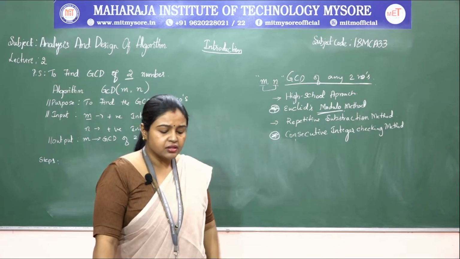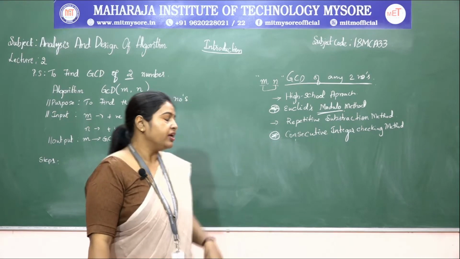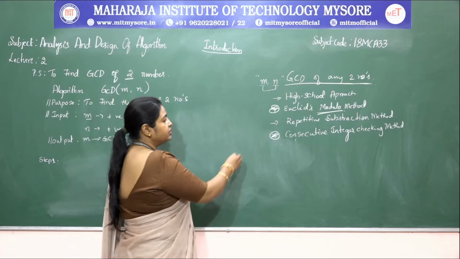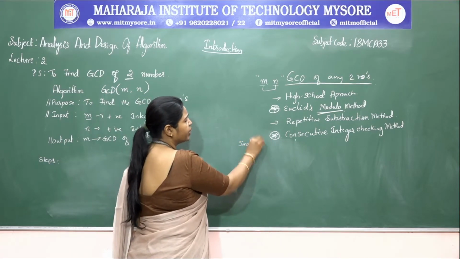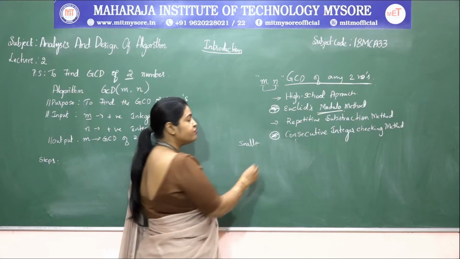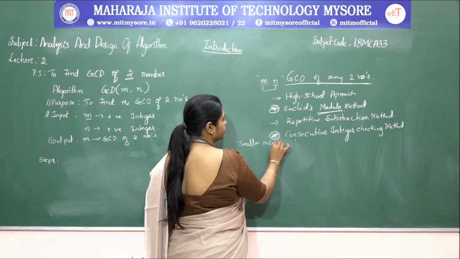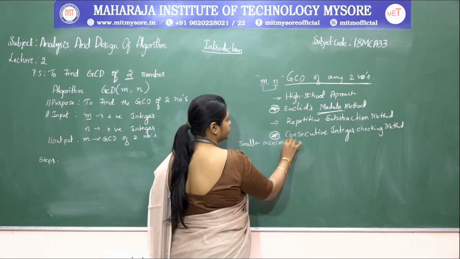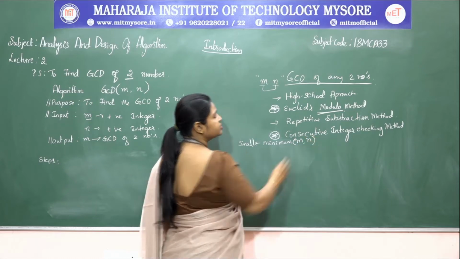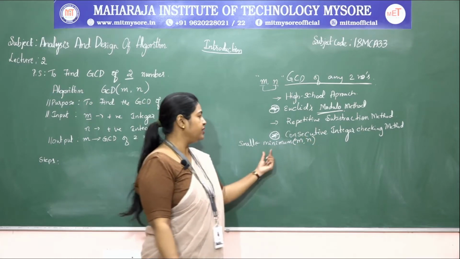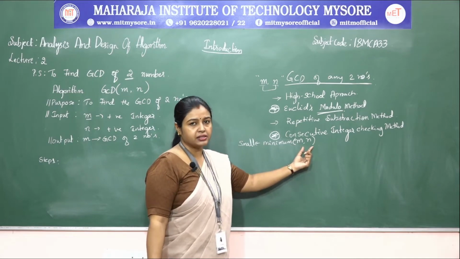Next is how to take that common number. We take the small value, that is, the minimum of the first number and the second number.